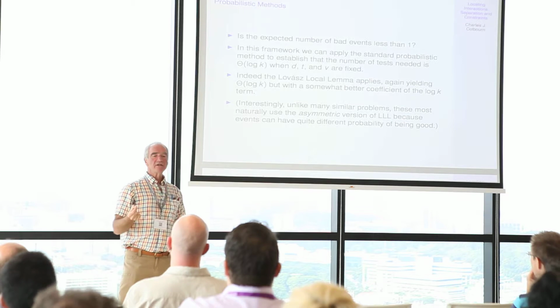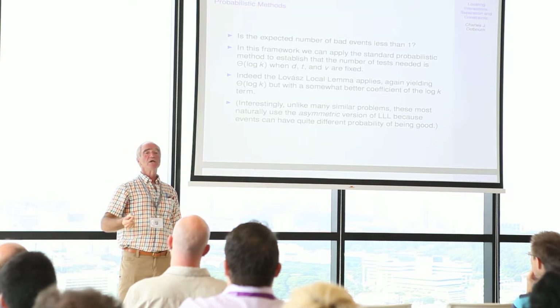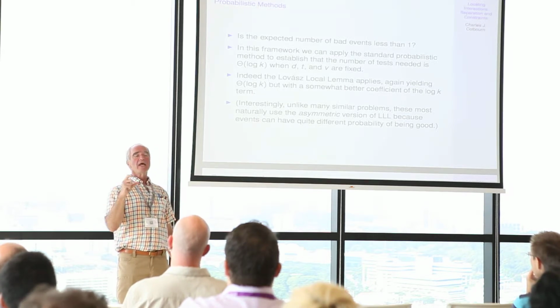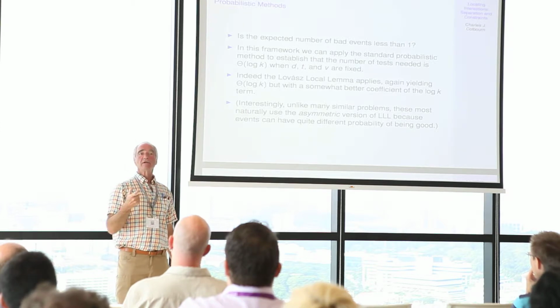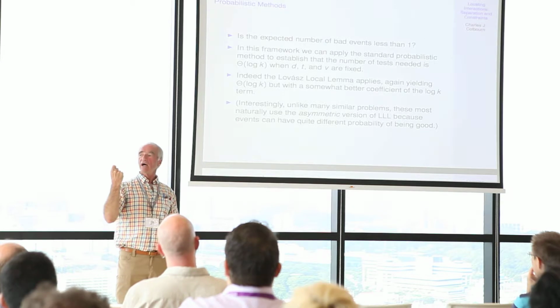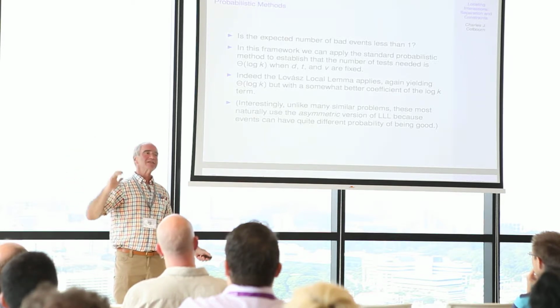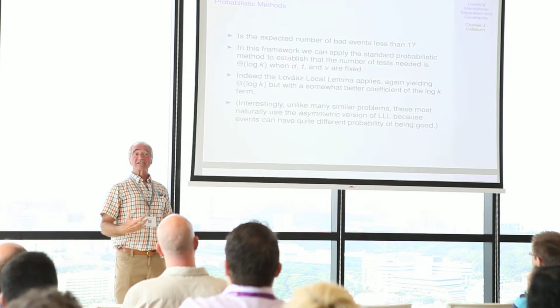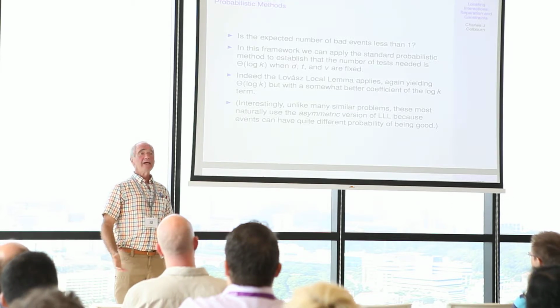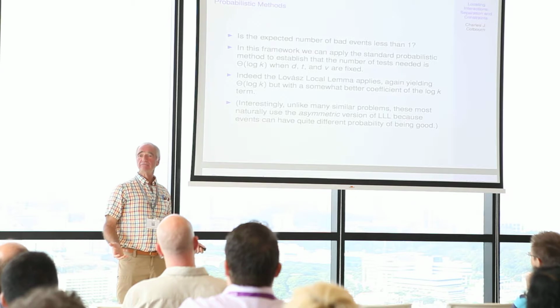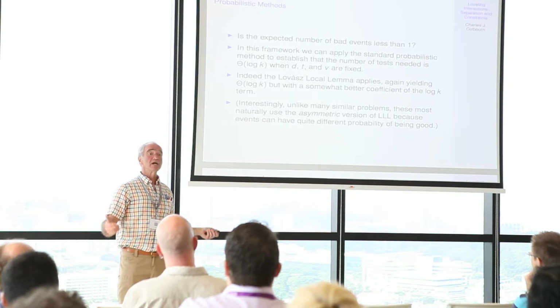So the standard probabilistic method now can be applied, and we can determine very easily whether this array, or with what probability this array will have an expected number of bad events less than 1. And of course, the natural observation is, if it's less than 1, and it's a non-negative integer, it's 0. And that's what we're after.